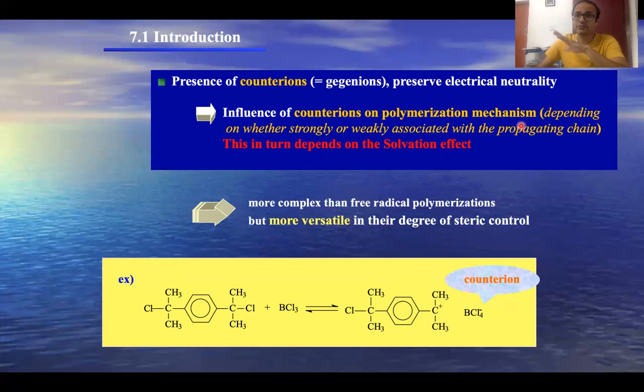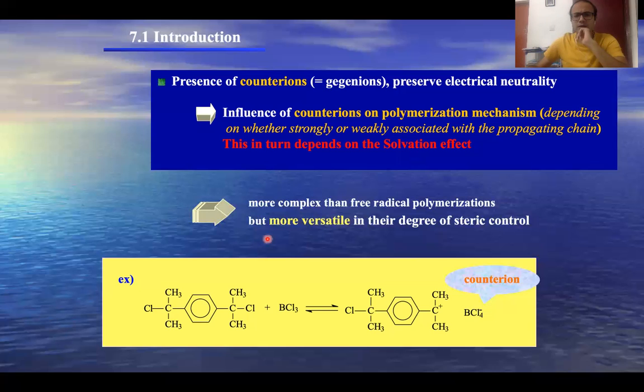Because ions are involved, solvents can also play a great role, since there would be a solvation effect. Depending upon the dielectric constant of the solvent used, we can influence the rate of the polymerization and thereby affect its mechanism.